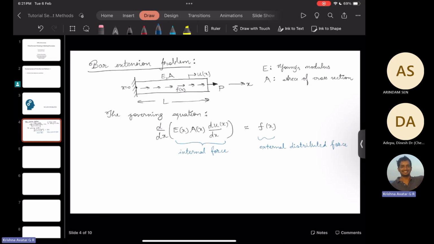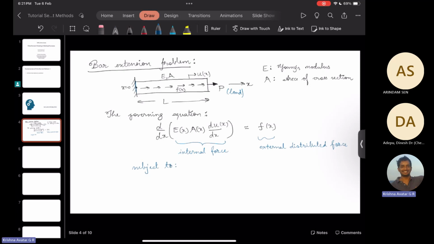Now you would ask, but even P happens to be a load, so where is P incorporated? P actually goes in as a boundary condition, subject to.